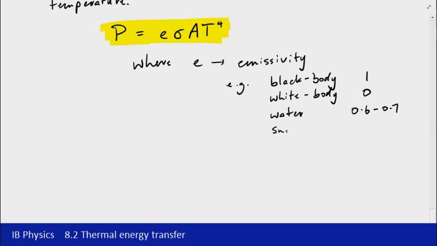Snow is about 0.9, so snow is actually a fairly close approximation to a black body radiator. Ice is even better at 0.98, and finally coal 0.95. So you can see that these ones are getting close to being good approximations to black body radiators, but still just a little bit less energy than what a black body radiator actually emits.